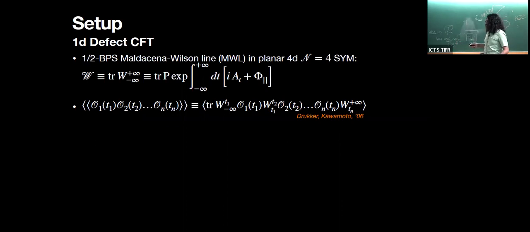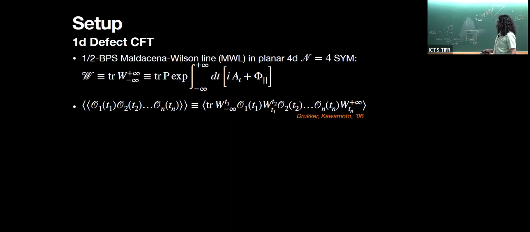What I mean by that statement is the following: I can define double bracketed correlation functions of operator insertions on the line. I start at -infinity, I go till the point t1. At t1, I insert an operator O1, and then I go from t1 to t2, insert O2 at t2, all the way till I insert On, and then I continue the line to +infinity.